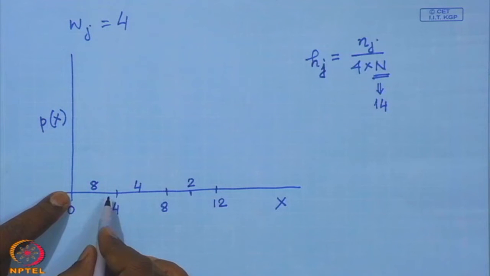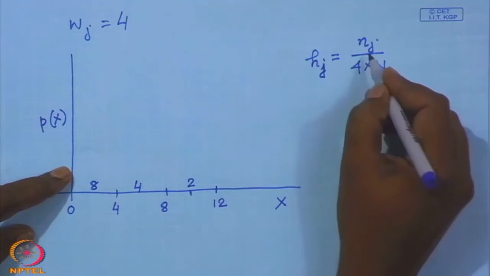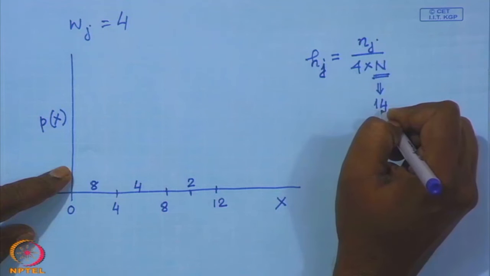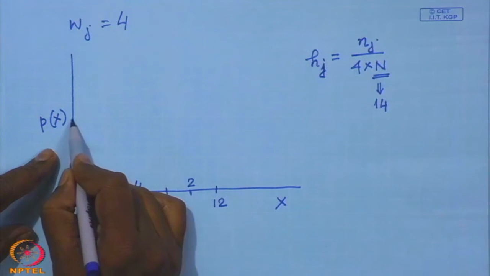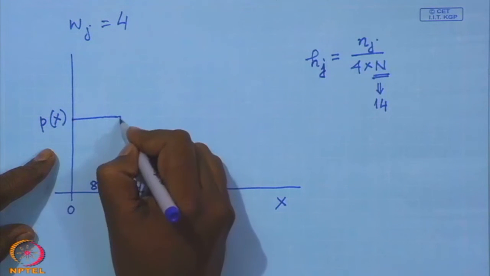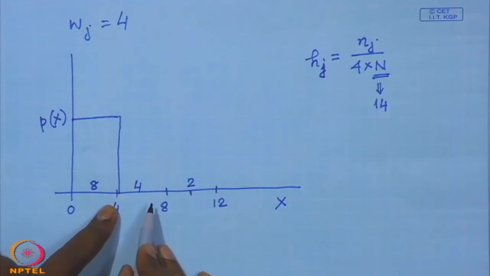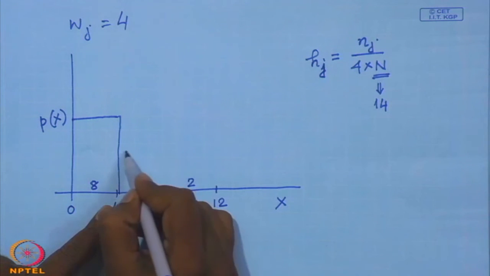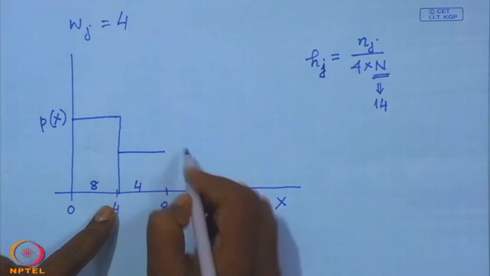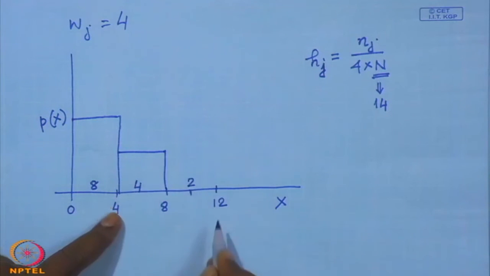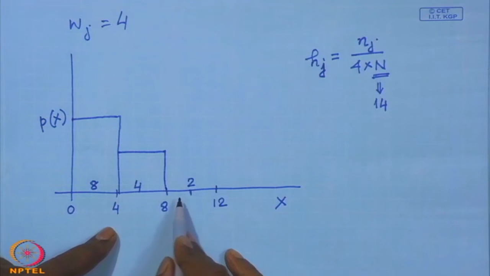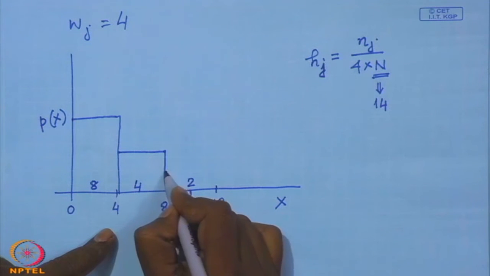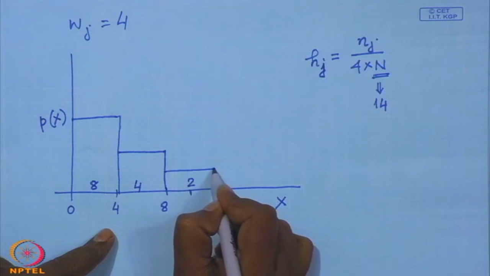So, for the first one, it will be 8 by 4 into 14. For the next one, it will be 4 by 4 into 14, and the next one will be 2 by 4 into 14. So, the probability density estimate will be something like this.